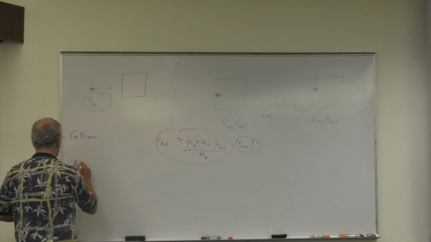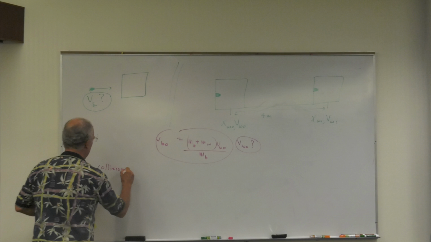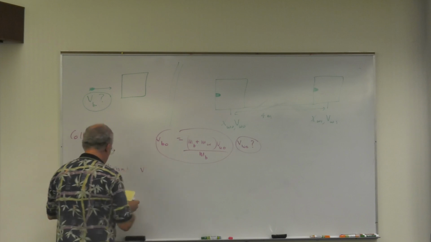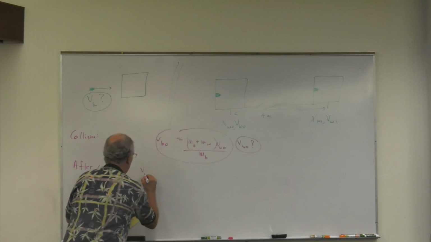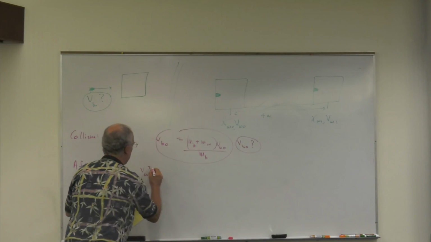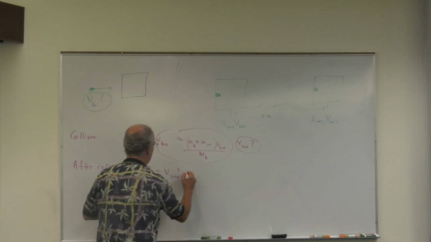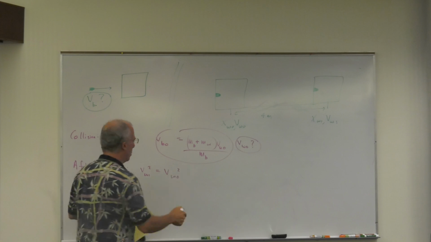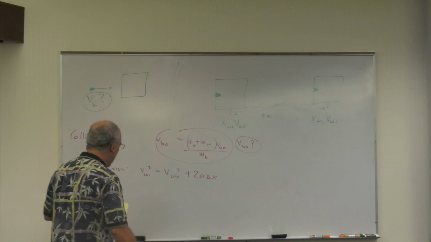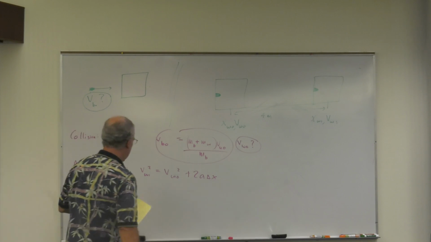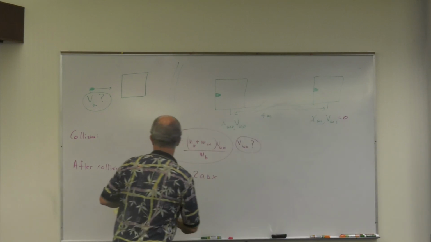After the collision, V final squared, which is V wood 1 squared, equals V initial squared, V W0 squared, plus 2A delta X. Now, V wood 1 is 0, because the wood stops.